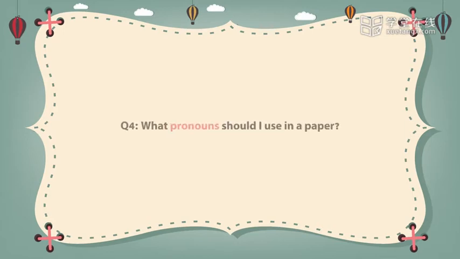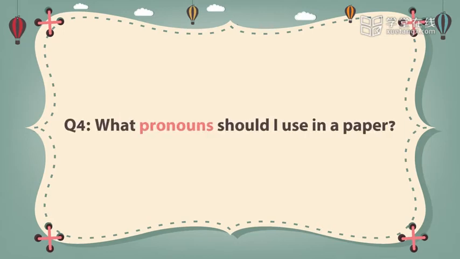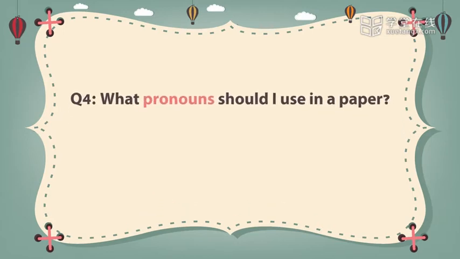And another question, what pronouns should I use in a paper? That also depends on the research. For example, if we use the first person, it is to show that the author is living or is suffering or is enduring what is happening in what you're writing.